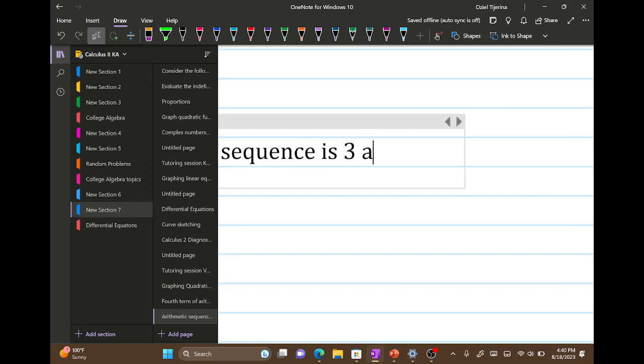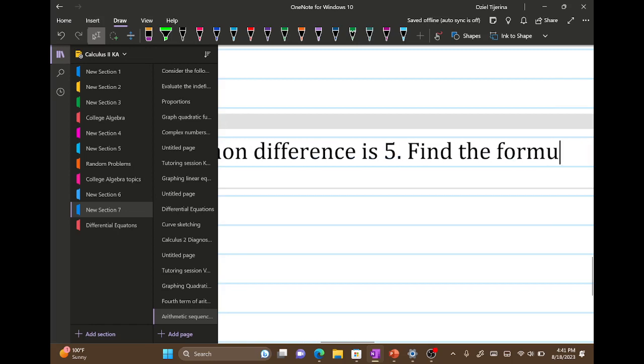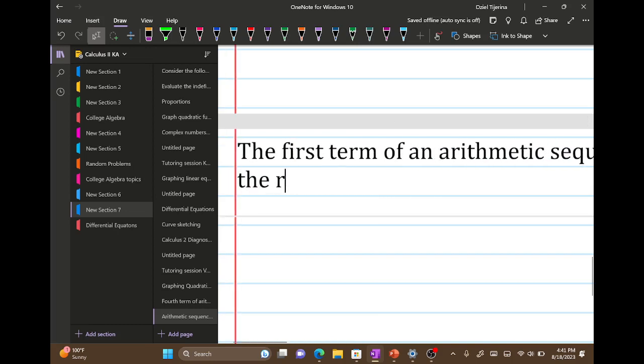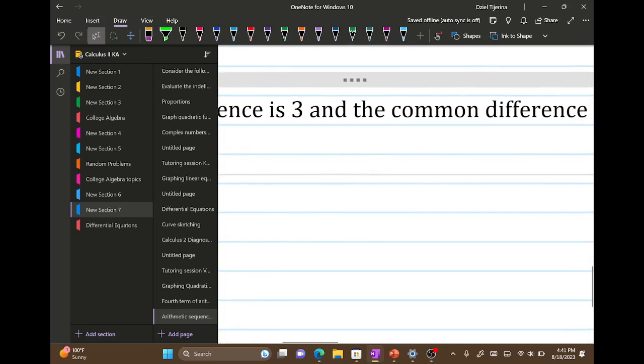And the common difference is, let's say for example, 5. And then I say find the formula for the arithmetic sequence. So we know that we must come up with a sub n, and we know that the first term is 3, and the common difference is 5.